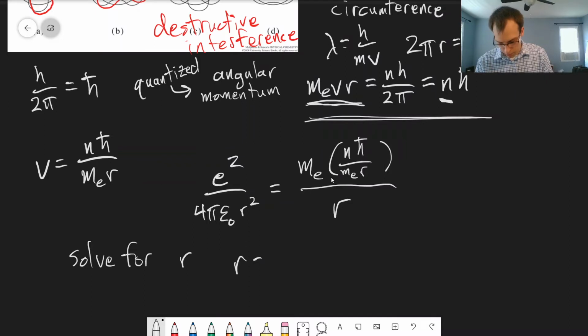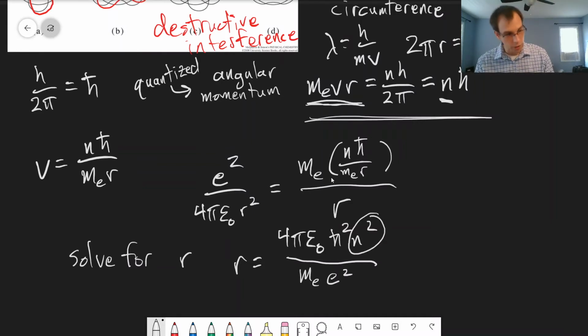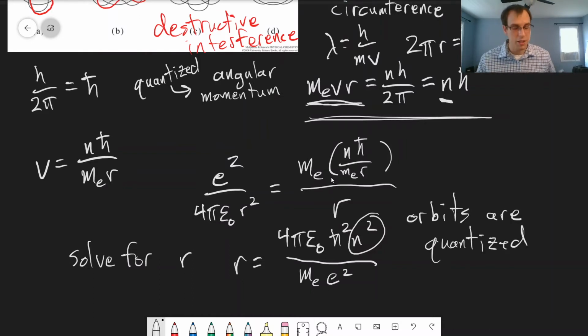And what we get is that r is equal to 4 pi epsilon naught h bar squared n squared divided by m_e e squared. And this n is still here, right? And so what this says is that the orbits are quantized, meaning that the electron isn't free to orbit at whatever distance it wants.